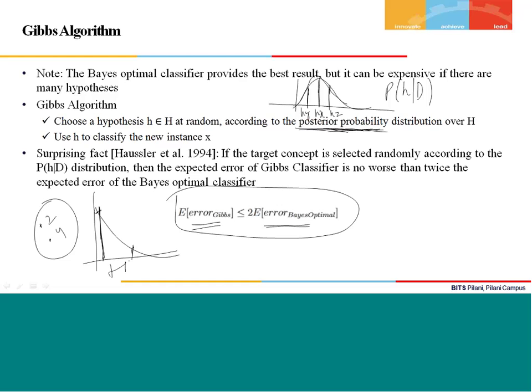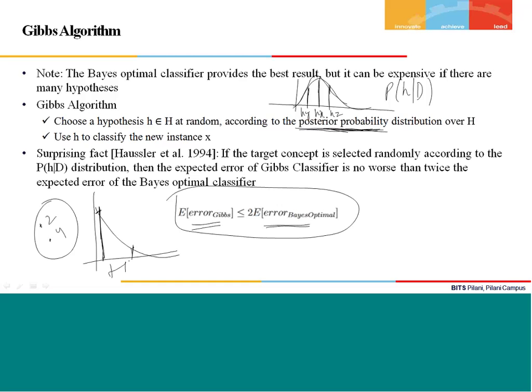If you don't understand this line, go and see how you can choose a number according to the Gaussian distribution, or how you can generate a number according to the Gaussian distribution. Then you can understand. For a given distribution, you can pick a number at random.